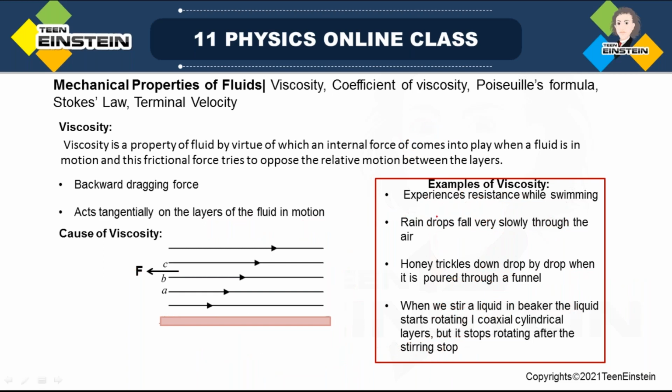So we'll just now take up a few examples where we see viscosity. Like, when we swim in water, what do we see? When we try to move faster while swimming, we feel some resistance, right?